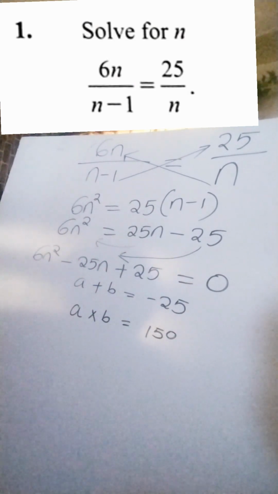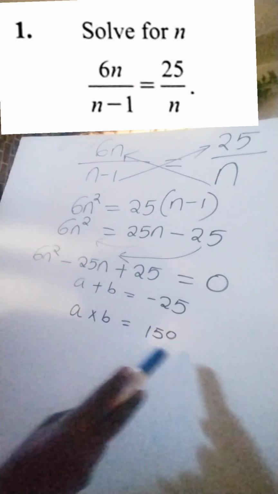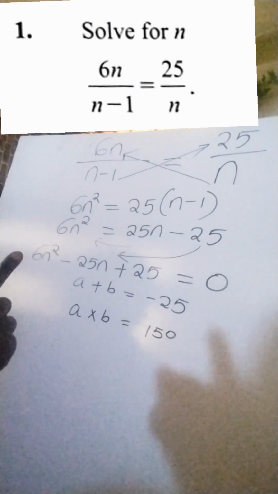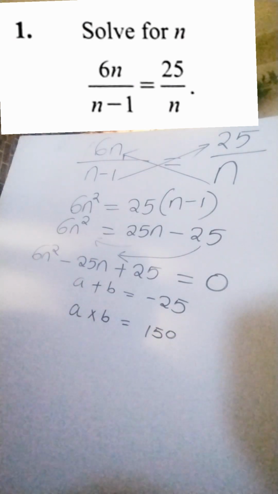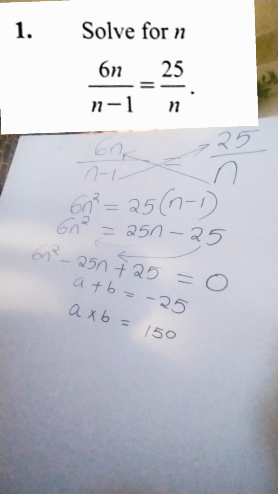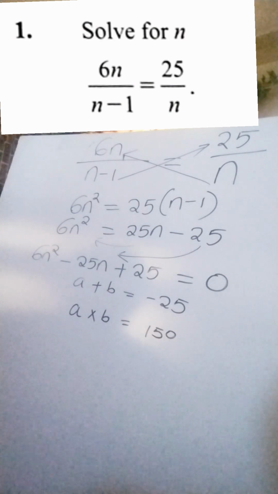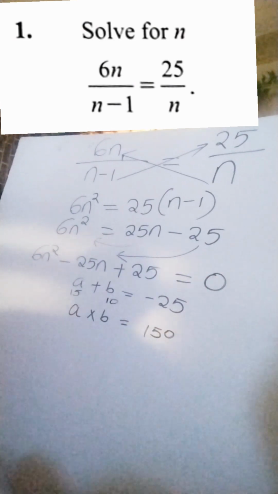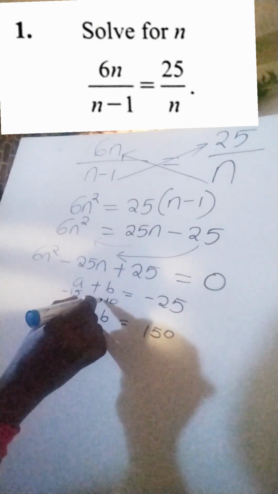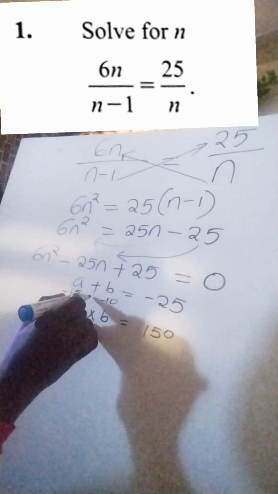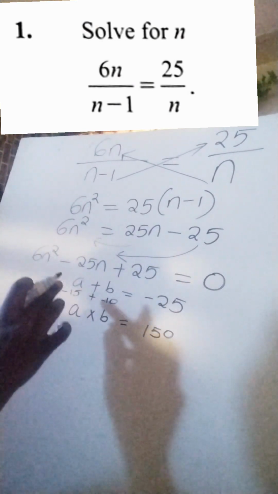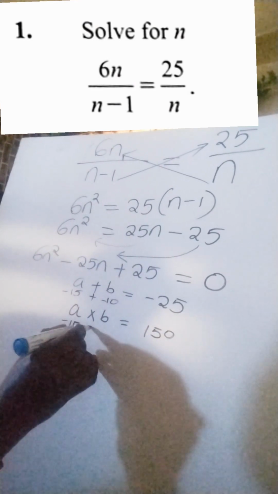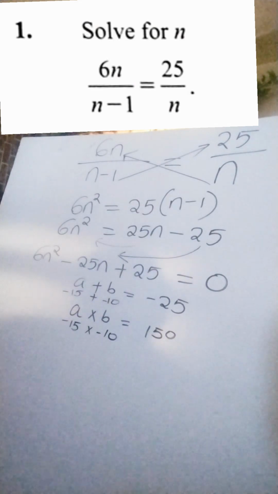I get the two numbers from the factors of 150, which when I add them, I'll get negative 25, and when I multiply them, I'll get 150. That is 15 and 10. Both should be negative because the sum is negative but the product is positive. So negative 15 times negative 10.